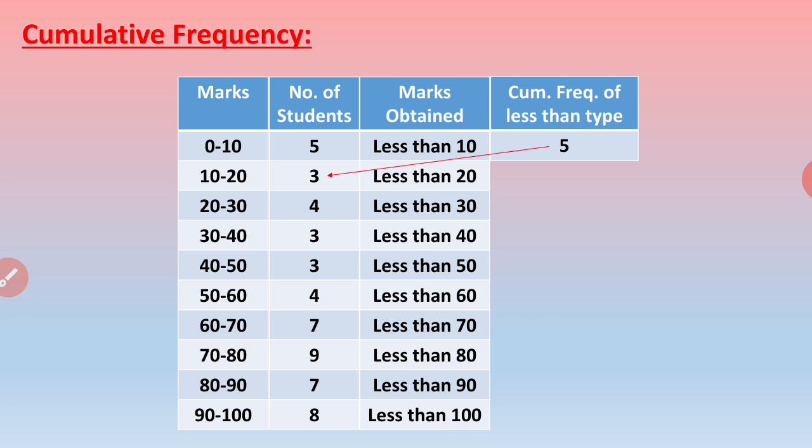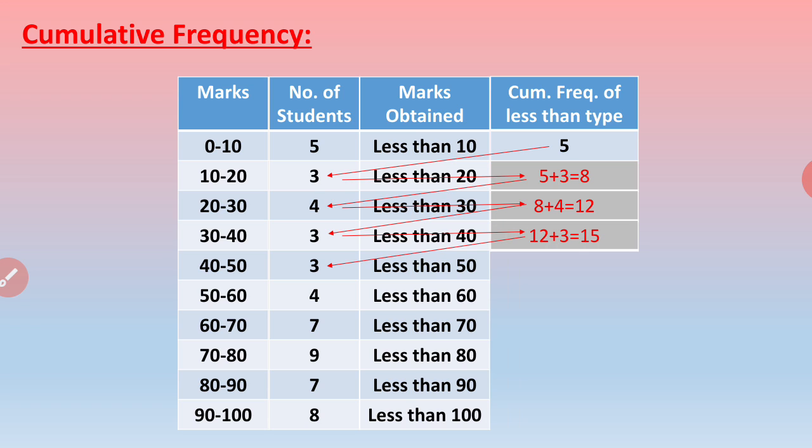Then to get the next cumulative frequency, that means you are going to add one by one. So the next will be 5 plus 3, which gives you 8. The next 8 is to be added to 4, and you get 8 plus 4, that is 12.